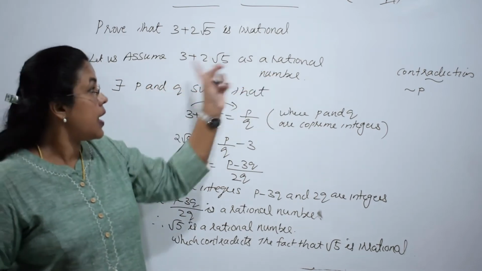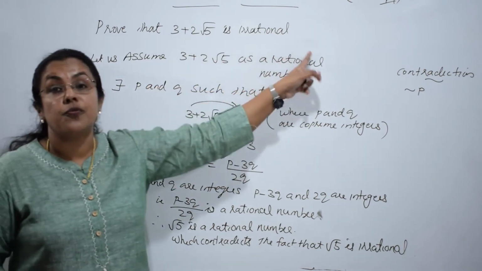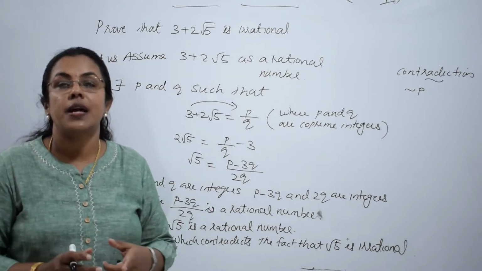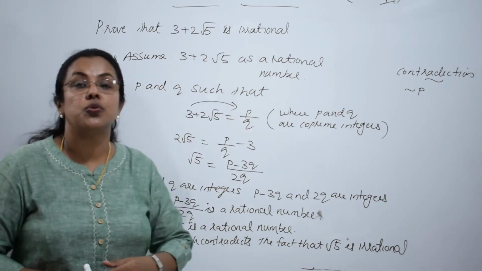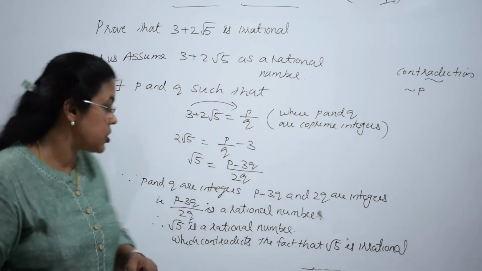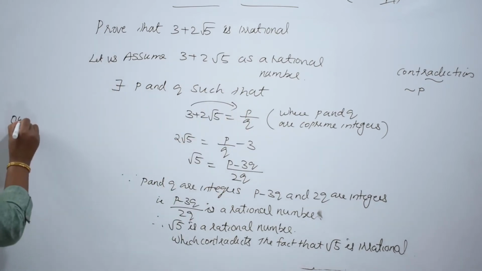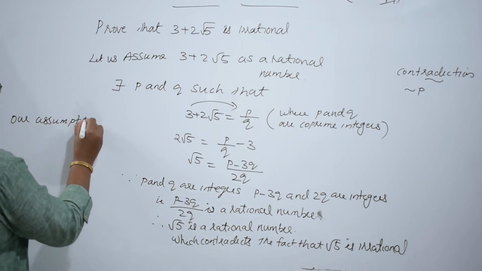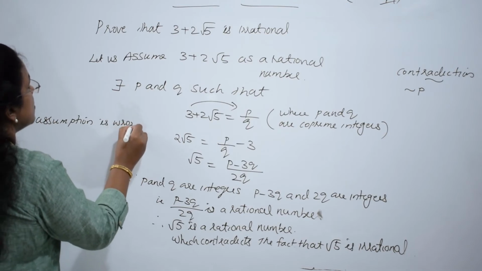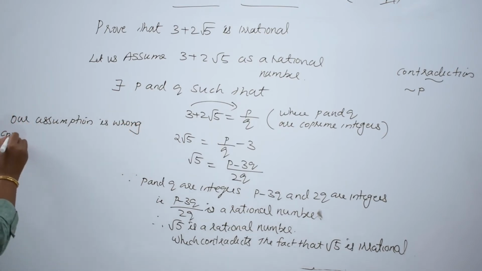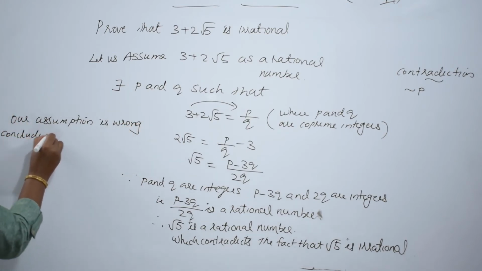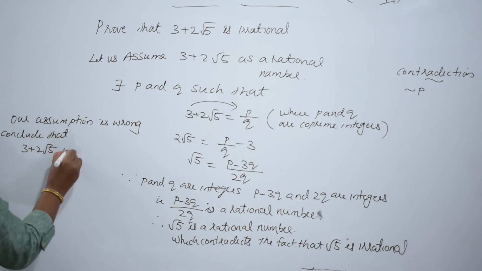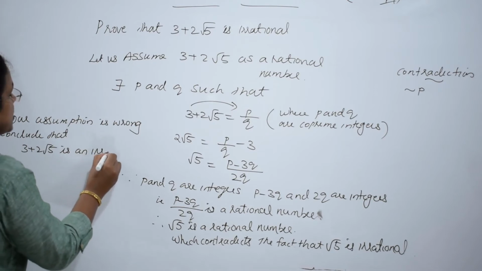Our assumption that 3 plus 2 root 5 is rational is wrong. So we can conclude that 3 plus 2 root 5 is an irrational number.